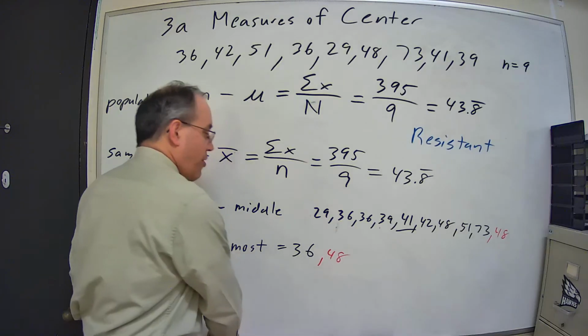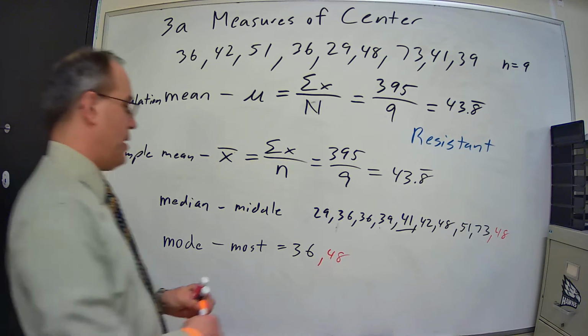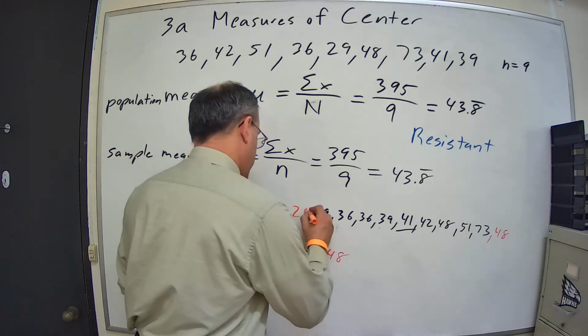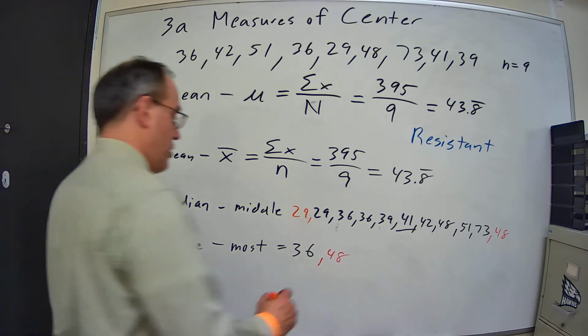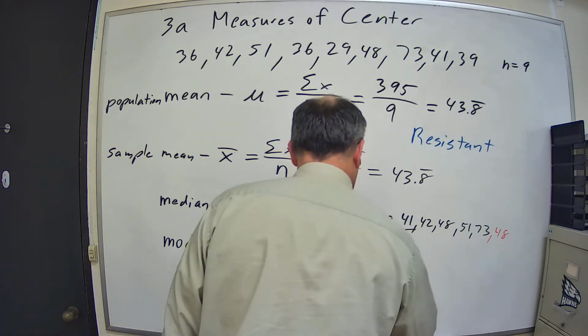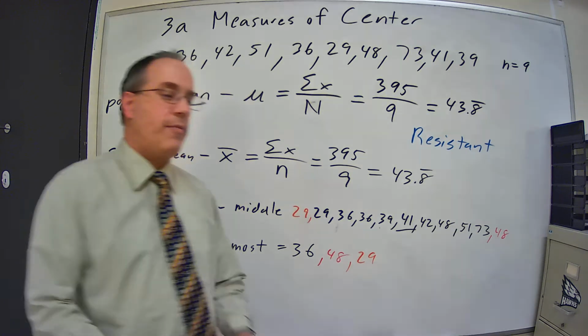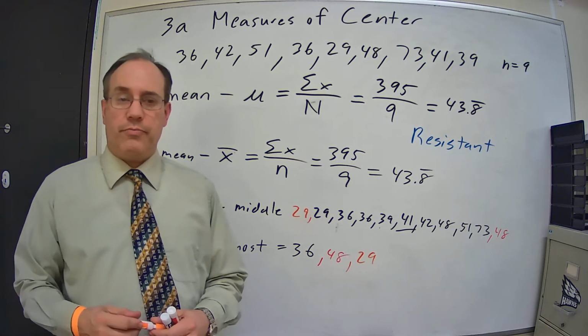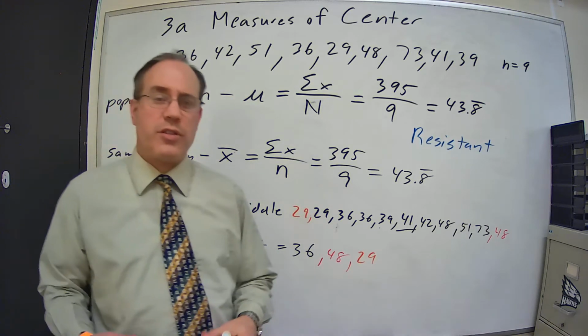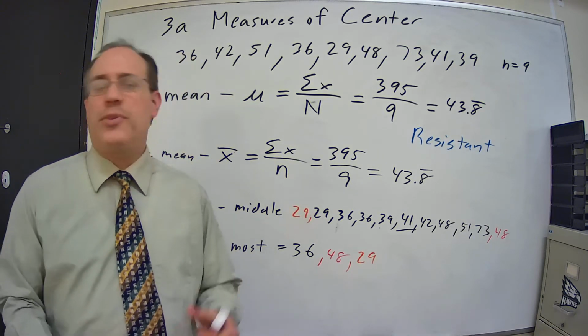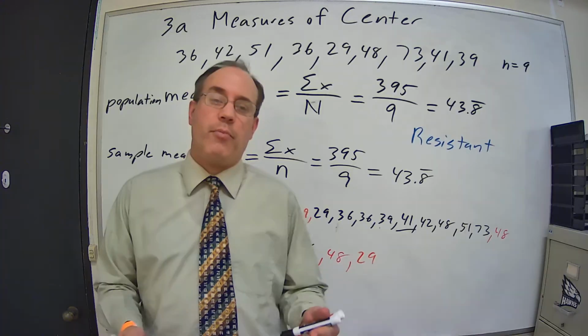If we had another duplicate, say another 29, then it would be trimodal, where 36, 48, and 29 are modes. If we had four data values that repeat, that's when we start to call it absurdimodal, because we just don't really deal with more than trimodal.